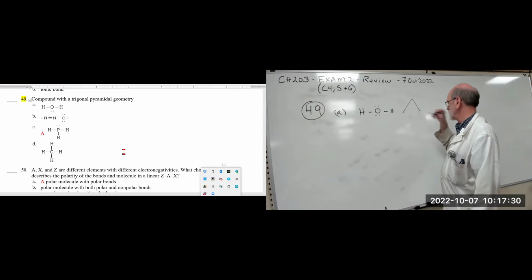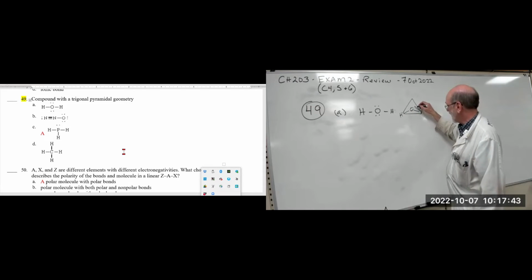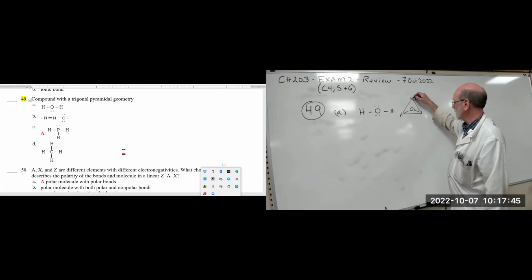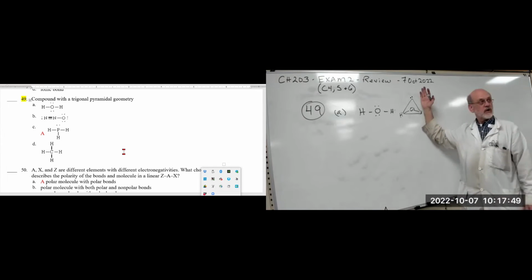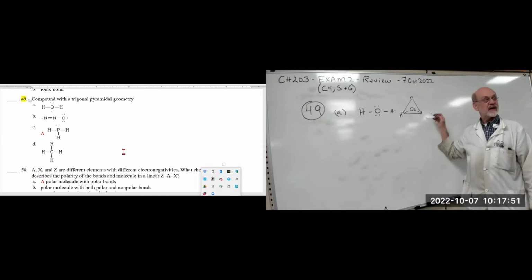Let's see. Oxygen in the middle. And then you have maybe a hydrogen here and a hydrogen here. And you got toward the back there, like that. And behind the oxygen, you got 2 electrons there and 2 electrons here. That's your pyramid. But if you cover up those lone pairs, you have a bent molecule, right?